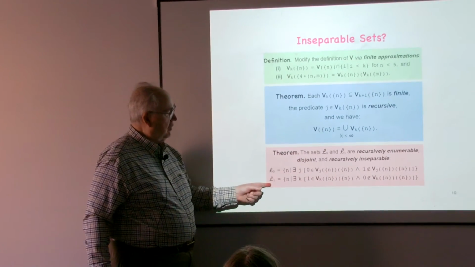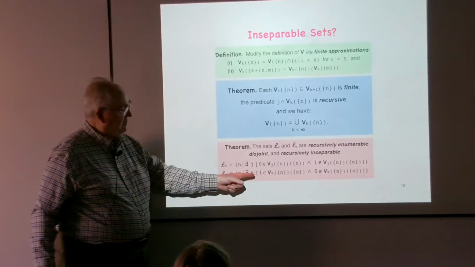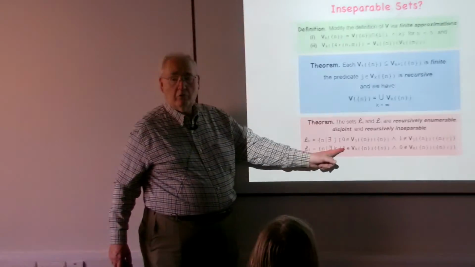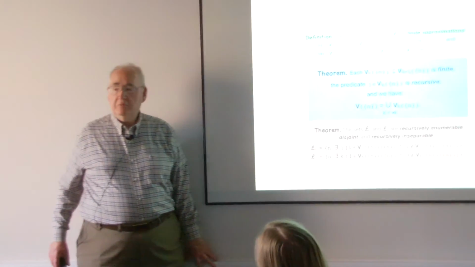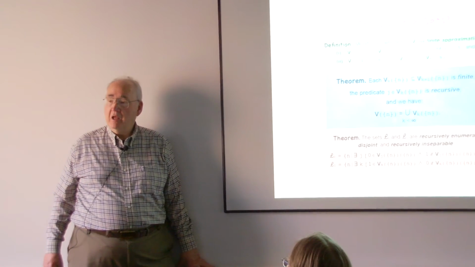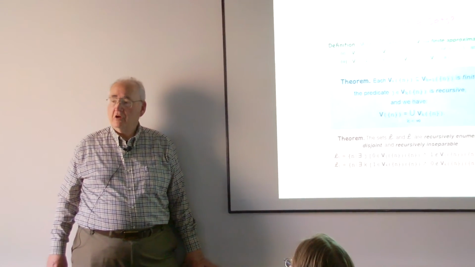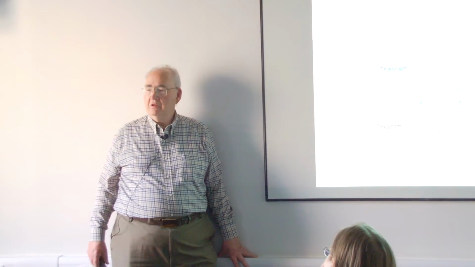And the lovers of 1 are those numbers for which there exists a restriction in space such that you achieve a 1 before you achieve 0. And that is both seen to be a recursively enumerable definition of two sets, and it's easy to prove those are recursively inseparable sets, just the same way Rosser did.